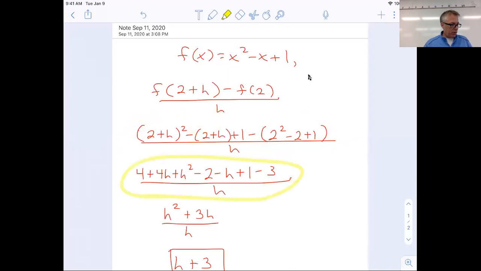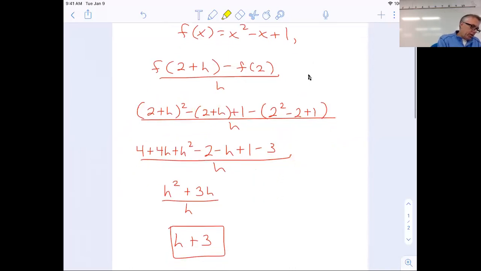So those parentheses really help. Now to get from this step to this step, we are just combining our like terms, and a lot of times ugly stuff cancels out, which is nice. And once we combine the like terms, from here we can cancel an h there, and there, leaving us with h plus 3, which is the solution. That is the difference quotient.